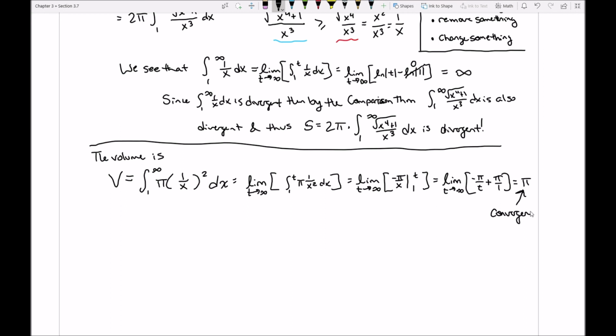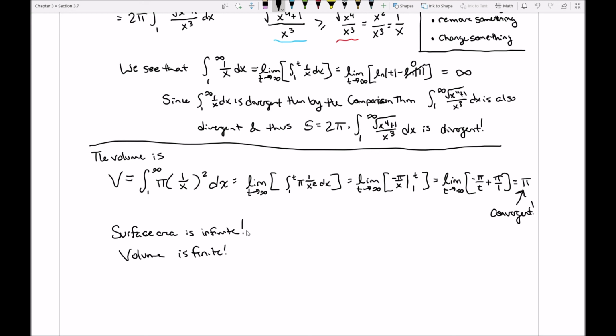Okay, now you need to pause for a moment and collect your brain because it probably just exploded. I mean, this is crazy here. Think about what we've said. The surface area is infinite, but the volume is finite.